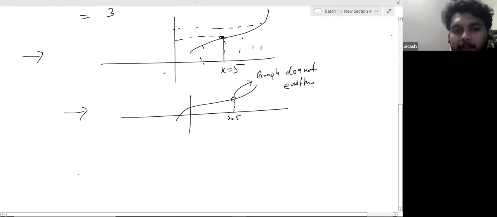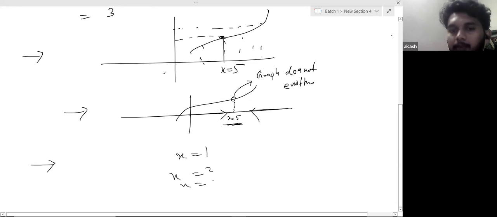So we'll say no value exists or graph is not there, graph does not exist. Now what limit does is, limit says if you are moving towards x equals 5. How can you move towards x equals 5? You can go from this side or this side, right? You can put x equals 1, then x equals 2, then x equals 3, then x equals 4, then x equals 4.9, x equals 4.9999999 like this.